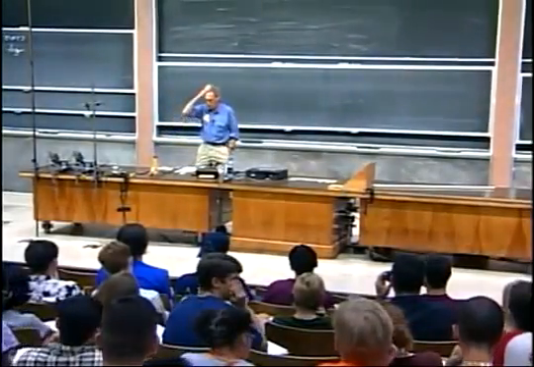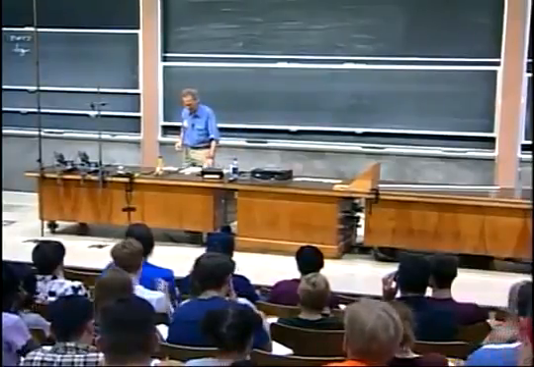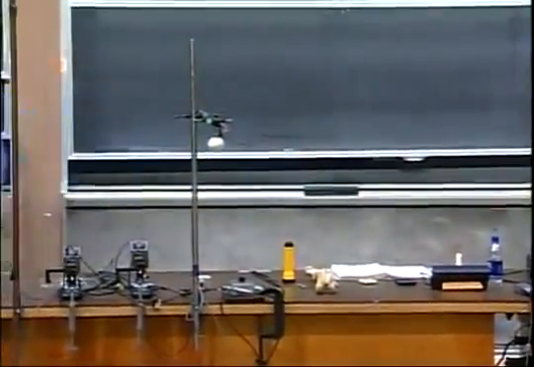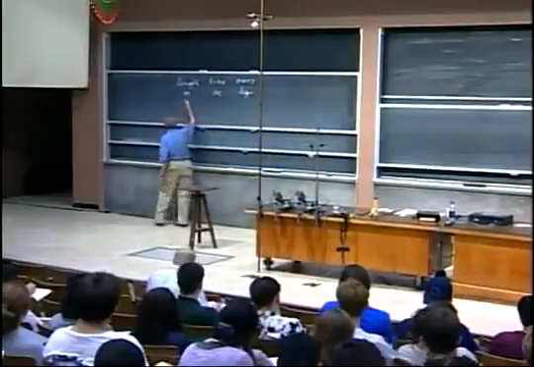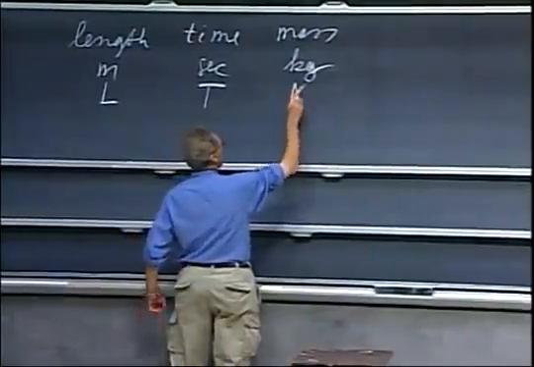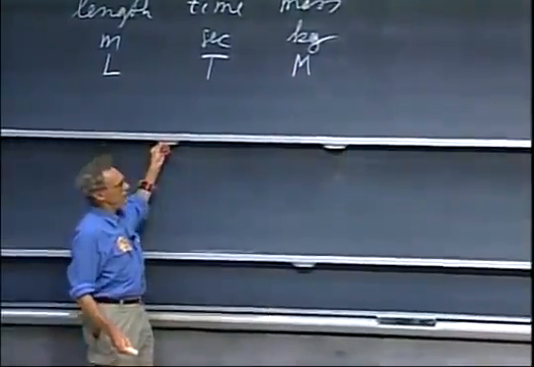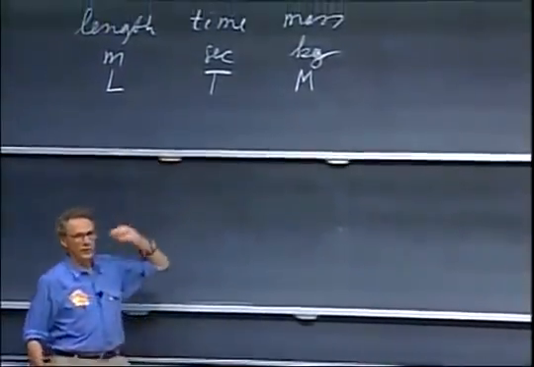I already introduced, as you see, length, time, and mass, and we call these the 3 fundamental quantities in physics. I will give them the symbols capital L for length, capital T for time, and capital M for mass. All other quantities in physics can be derived from these fundamental quantities.